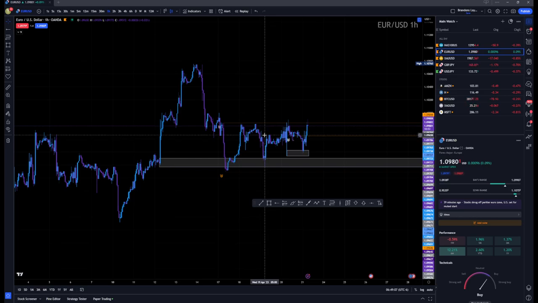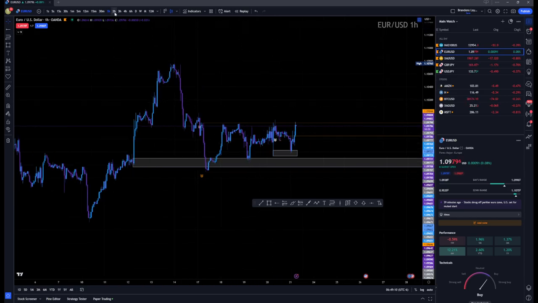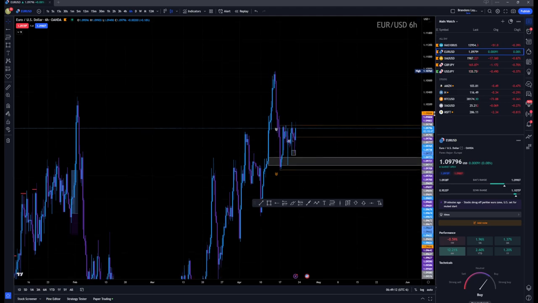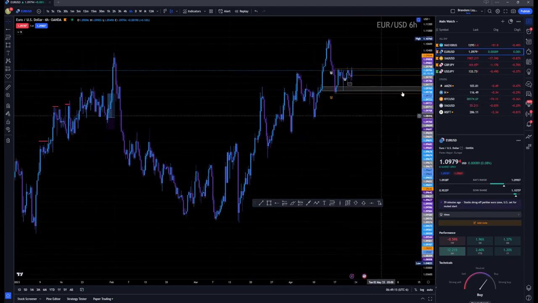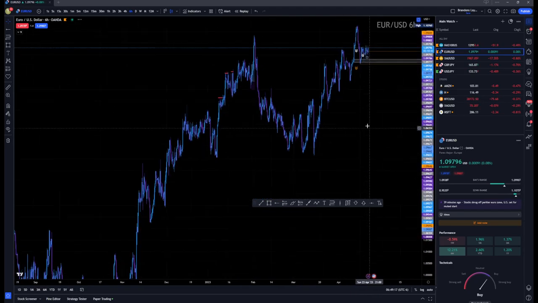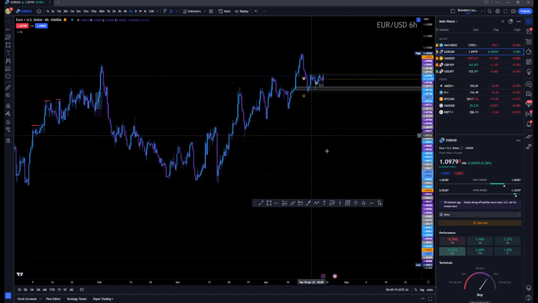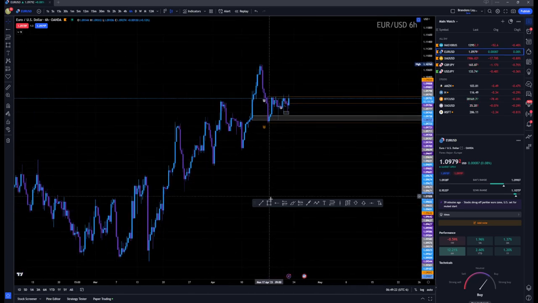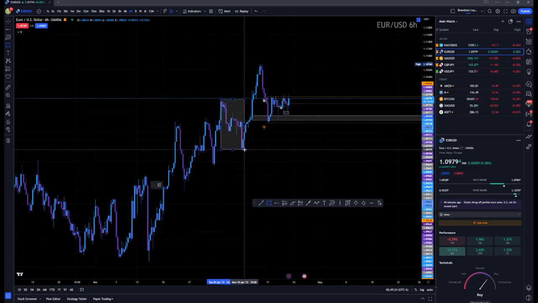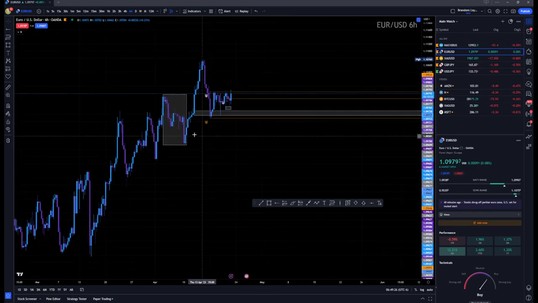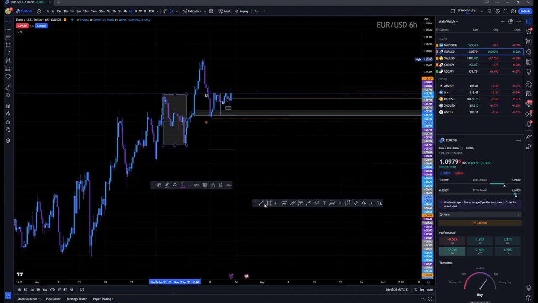Now it looks like we potentially want to continue bullish, so we're going to go ahead and go to a higher time frame. And yeah, ultimately this market is definitely a bullish market at the moment. If we're looking at these areas here, we have structural points put in at, oh, you can't really see this, $1.0977 to $1.0832.